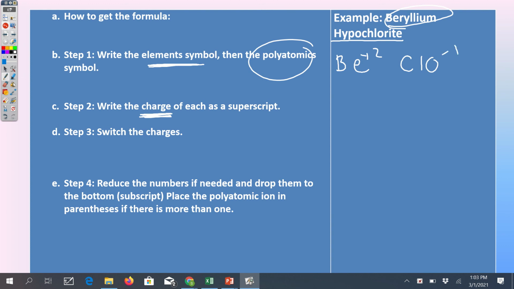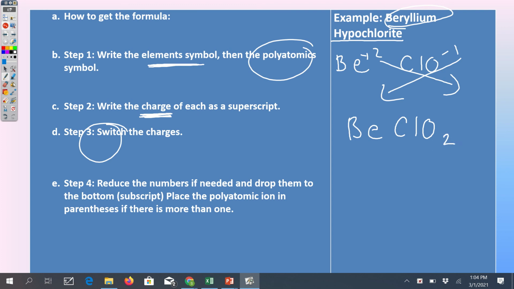All right, we're going to switch them. So the 2 goes down here, the 1 goes down here. So Be, we don't write a 1. Remember, we don't write negatives or positives. And then ClO, you need to write the 2, but you don't want to just say that you have 2 oxygens. You want to say you have 2 of the whole polyatomic ion. So we're going to put it in parentheses. We don't need to reduce the numbers, but our polyatomic ion is in parentheses.